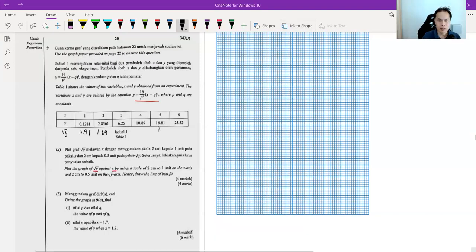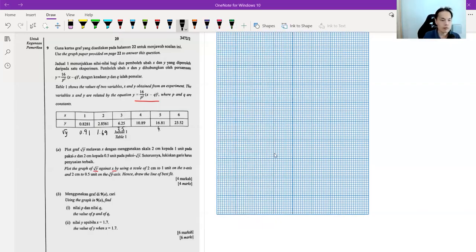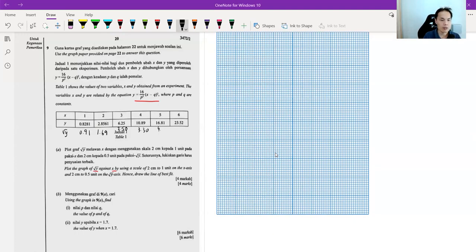If you square root it, I think it's 2.5, right? But never mind, I'll just show you here. 2.5. Maybe I use one more decimal point, 2.50. Then the next one, I'll take square root of 10.89. I will get 3.3, 3.30.